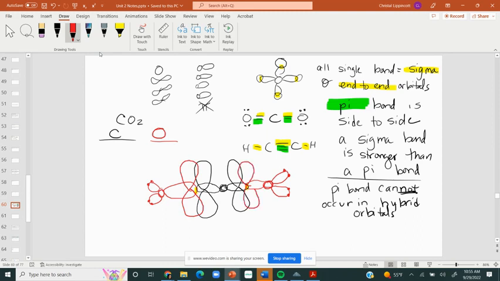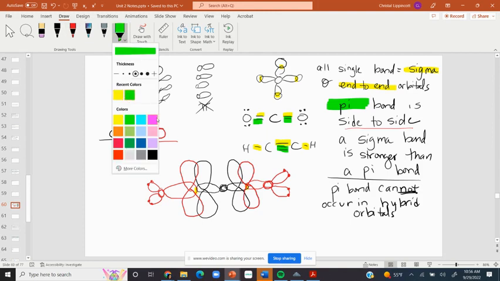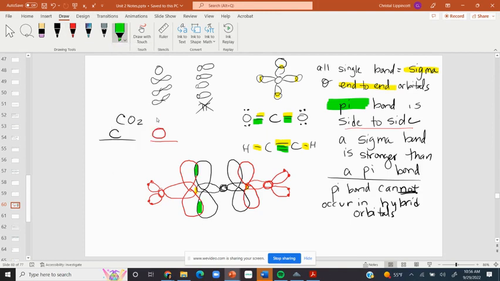And remember, pi bonds are side to side. So that's what we mean by side to side. And when we're talking about pi bonds, this is my pi bond.